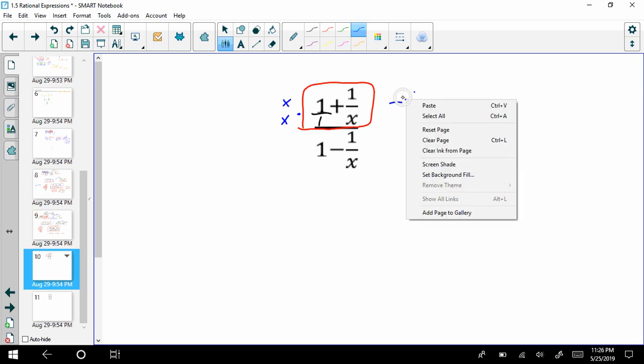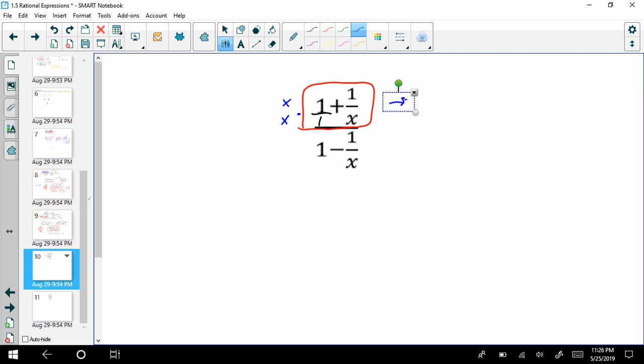So if I do that, hopefully you agree that it would look like this. Which then, since they have the same denominator, I could just say x plus 1. There's the top.